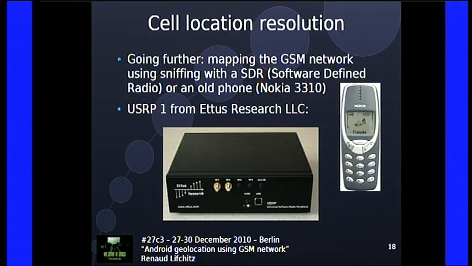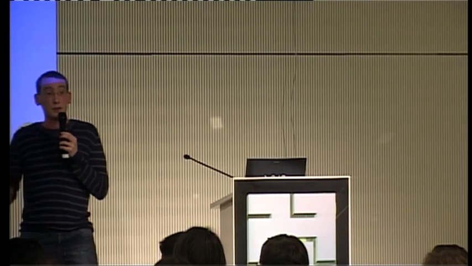And we can go further by mapping the entire GSM network in a given area, right? Using sniffing, because every single BTS broadcasts its cell ID and its location area code.